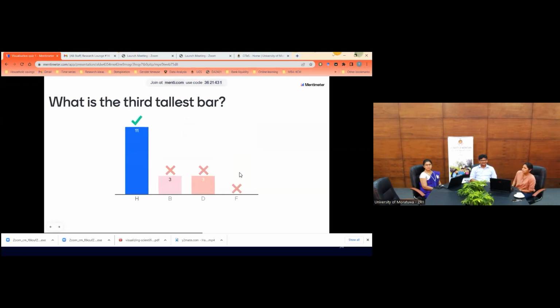Now we have 11 of you who got it right, a much higher rate than earlier. It's the same information presented in 2 different ways. The first one was a pie chart. Now we have the same information in a bar chart, and you can already see a lot more people are getting the answer right compared to the pie chart.